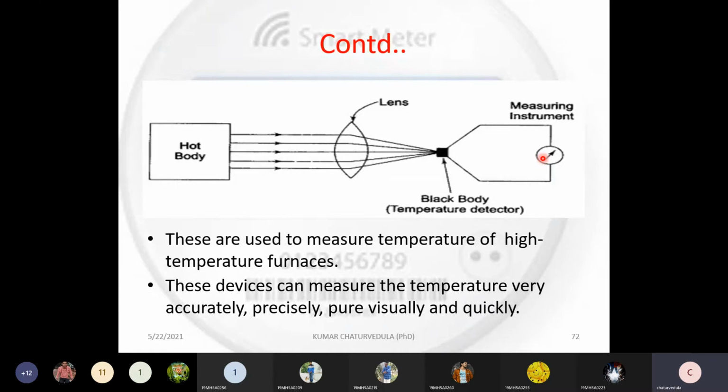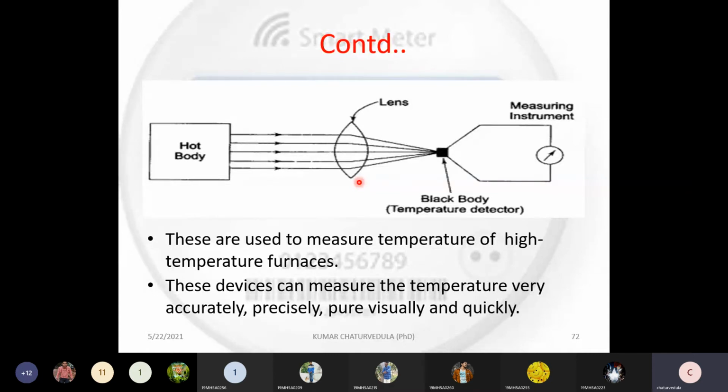Purely visual means we are just viewing; just by looking through this lens, we are able to know the temperature. Accuracy and precision I have already discussed in the starting lectures on measuring instruments or energy audit instruments.